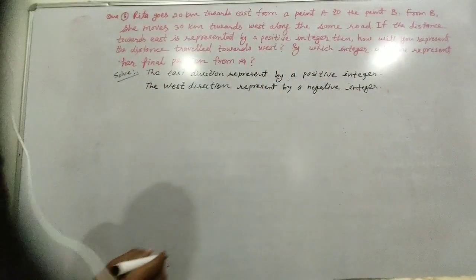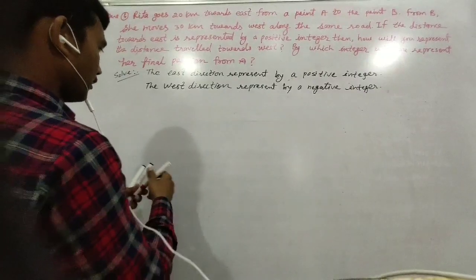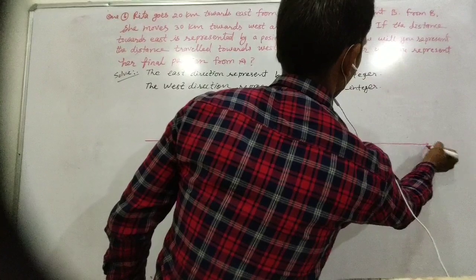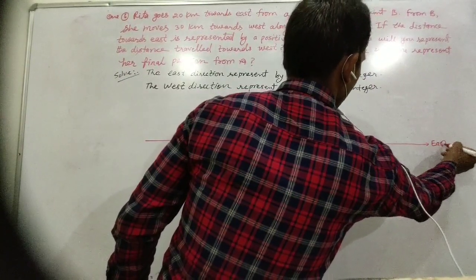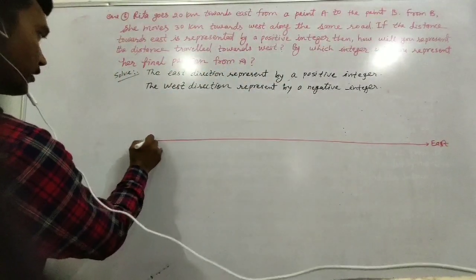Okay, now this is a number line, a road. Here is the east direction, and on this side the west direction.